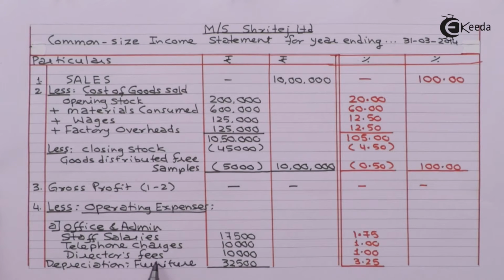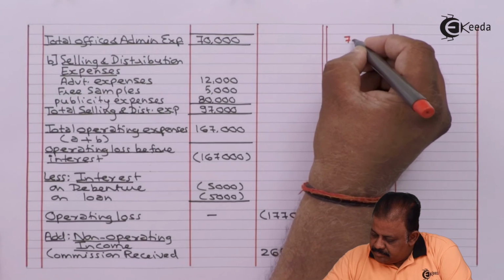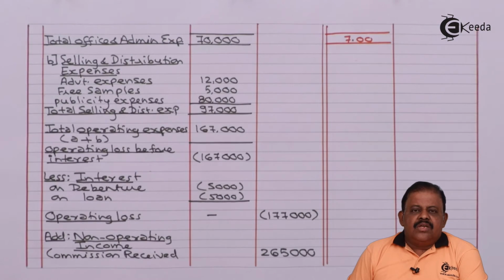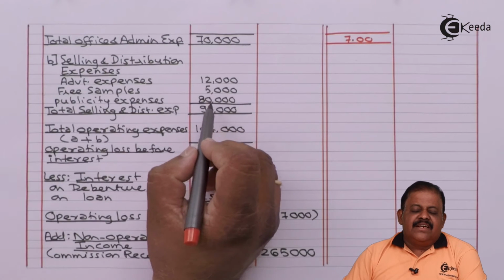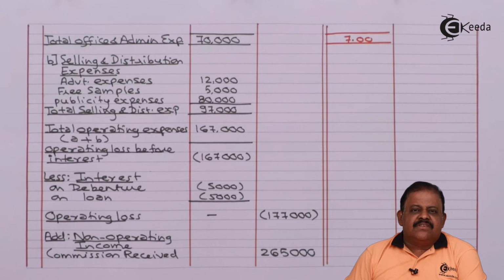Telephone charges, director's fees 1%, depreciation on furniture 3.25%. Total office and administration expenses 7%. Similarly, we can calculate percentage of selling and distribution expenses.